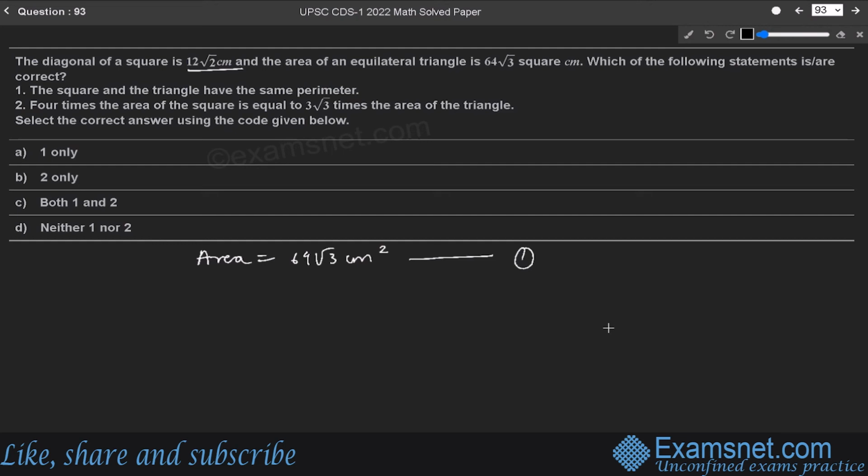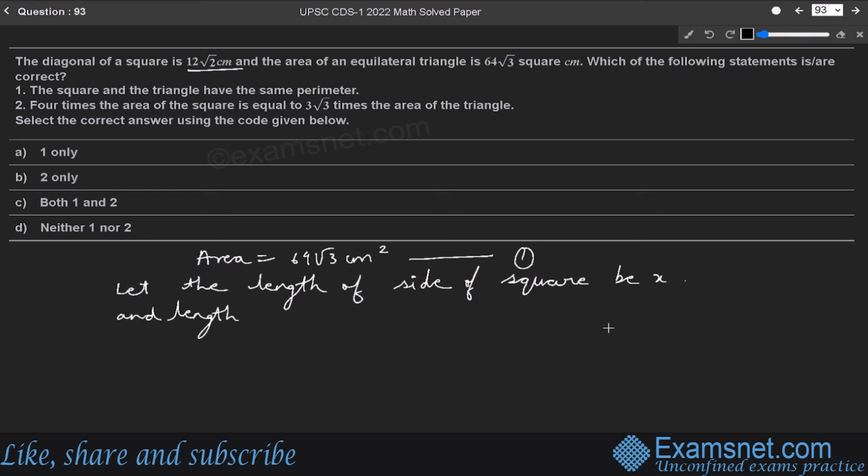Now we don't know the length of the side of the square, so let the length of the side of the square be x, and the length of the side of the equilateral triangle be a.